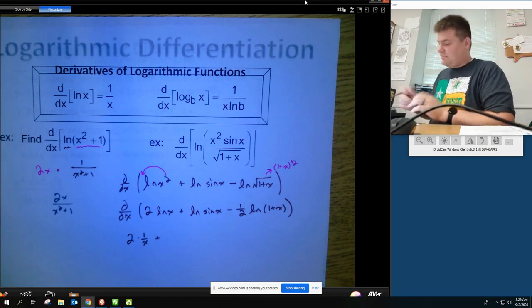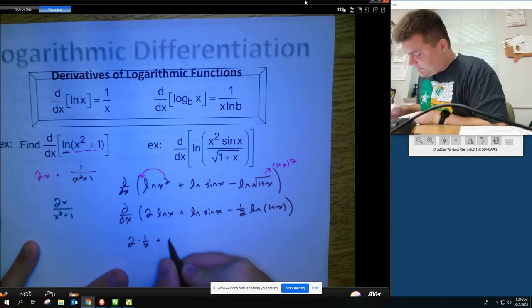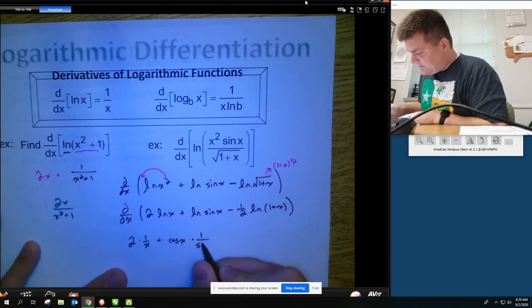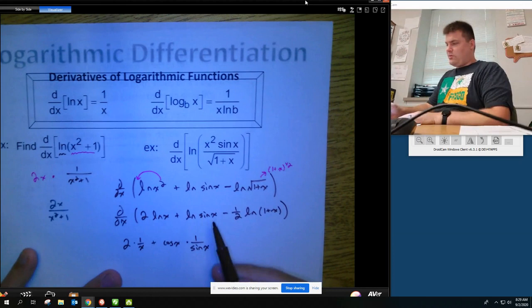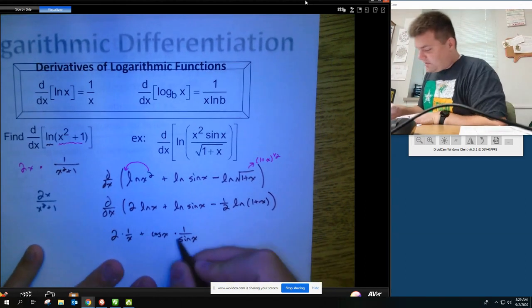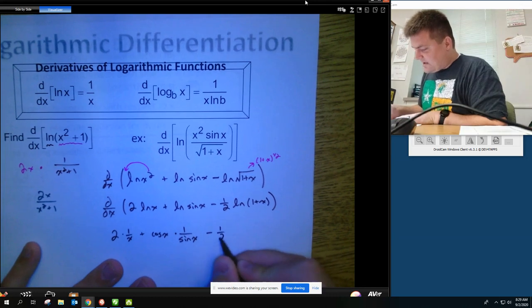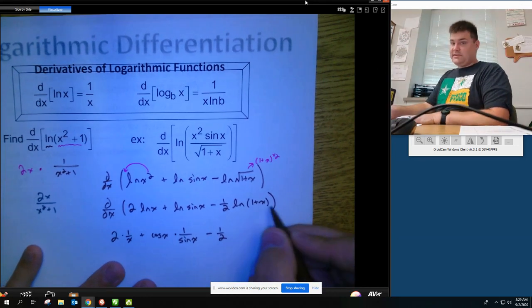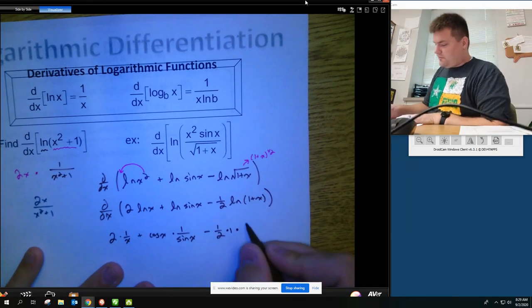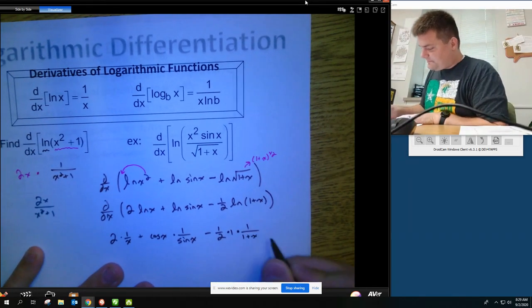So derivative of the inside is going to be cosine times 1 over sine. So that one was a little bit of chain there. Minus, this was ultimately a little bit of chain here as well. So minus 1/2, the derivative of the inside, 1 plus x, is just 1. So times 1 times 1 over 1 plus x.